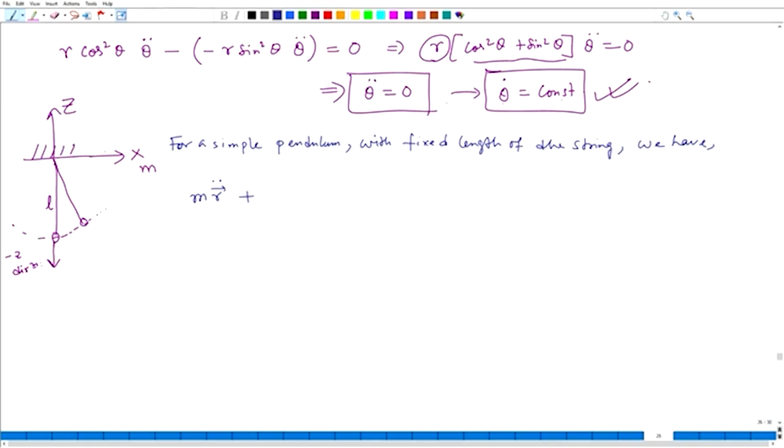The only force field to which the particle is subject to move is the g field. This is the Earth's gravitational field and the force is mg, but in the downward sense. So, I will write m r double dot plus mg.